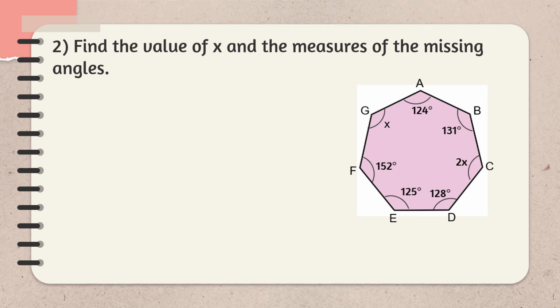If you have not watched that video, please go and watch it, because without that concept of finding the sum of the interior angles of any polygon using the given number of sides, you won't be able to solve these type of sums. In order to solve the missing angle type of sums, you need to know the angle sum property, right? And for each and every polygon, we cannot learn by heart the sum. It is impossible. So we find it out, right?